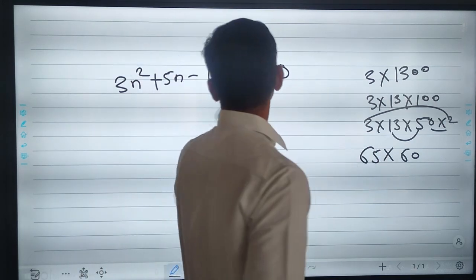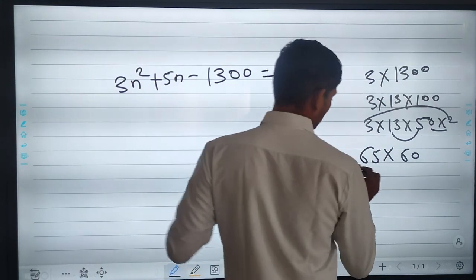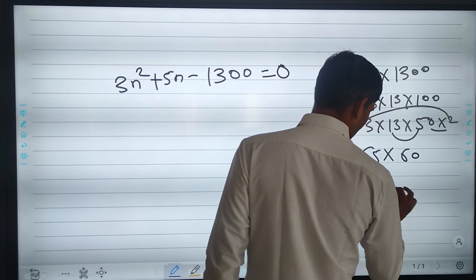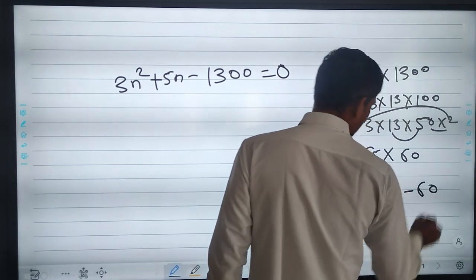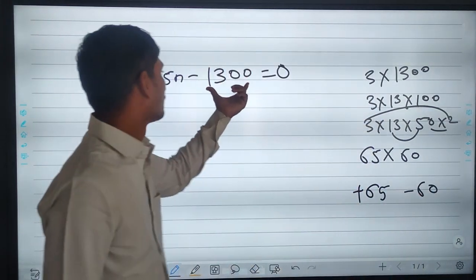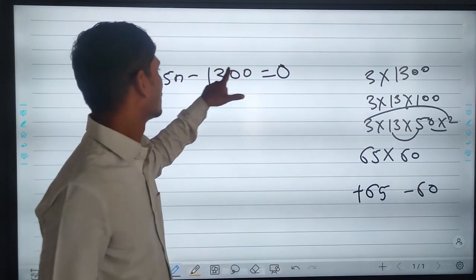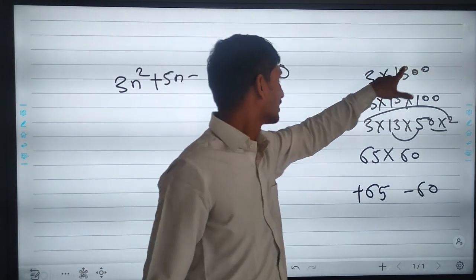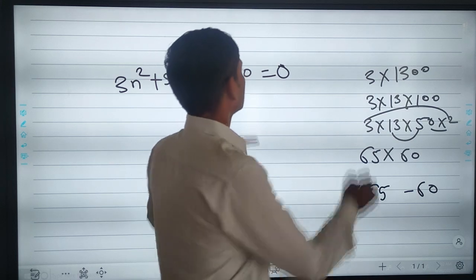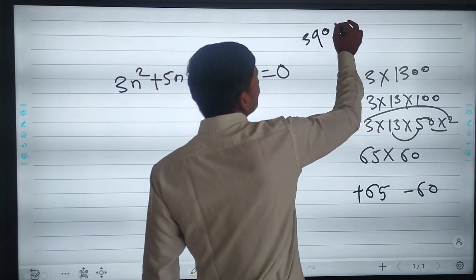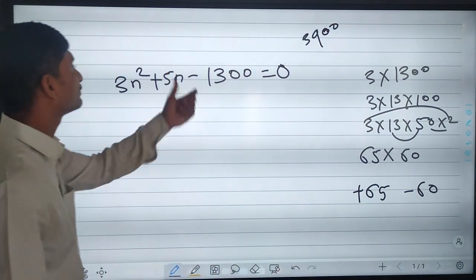Their subtraction is plus 65 and minus 60, their multiplication is minus 3,900, and their summation is plus 5.